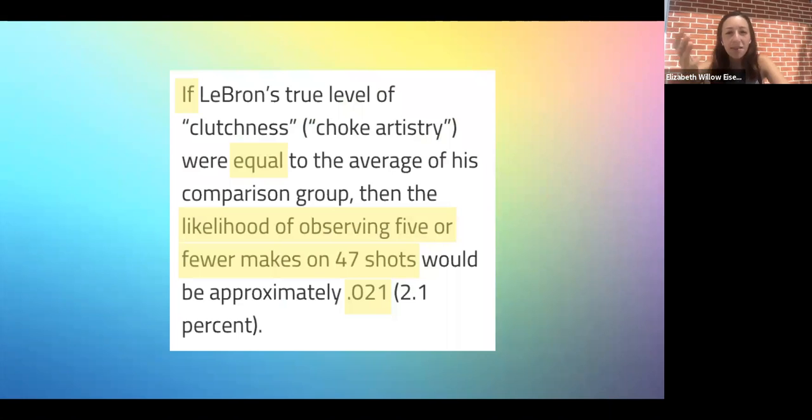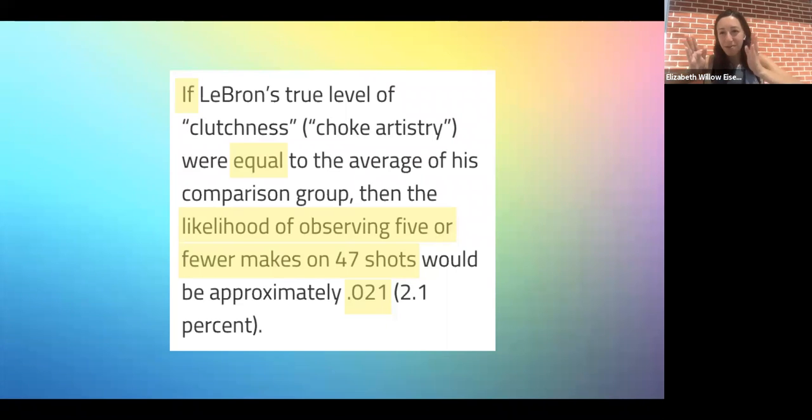And then they make the statement that if LeBron's true level of clutchness were equal to the average, then the likelihood of observing 5 or fewer makes, so he only had 5 successes, is the probability of observing 5 or less, given that these two proportions were equal. So given that LeBron had the same as all the other players, the probability of him actually getting only 5 out of 47 shots, or less, is approximately, right? Because you're always looking at the more extreme. This is a one-sided test.